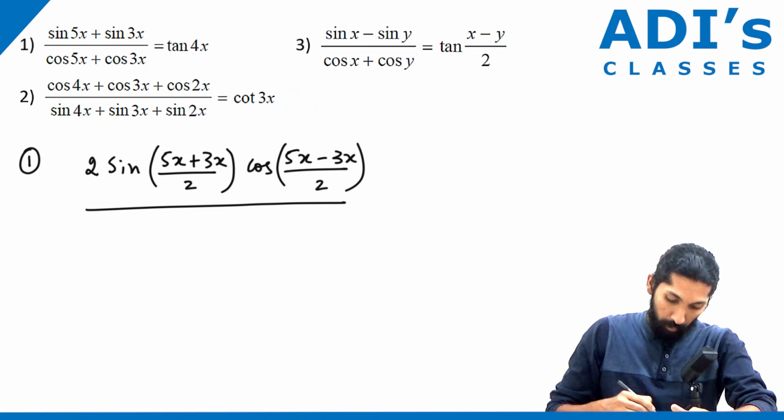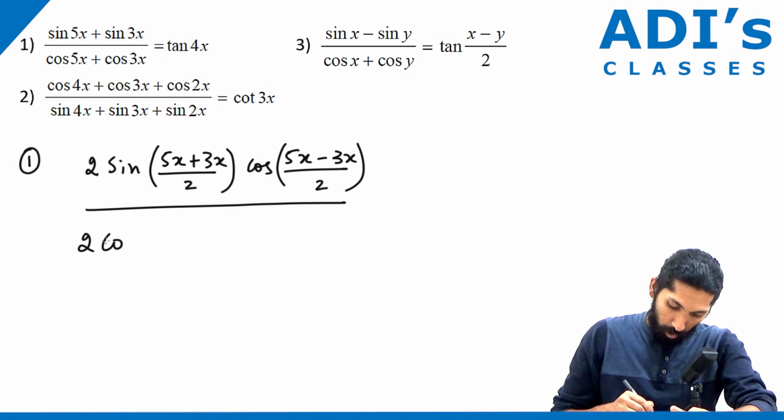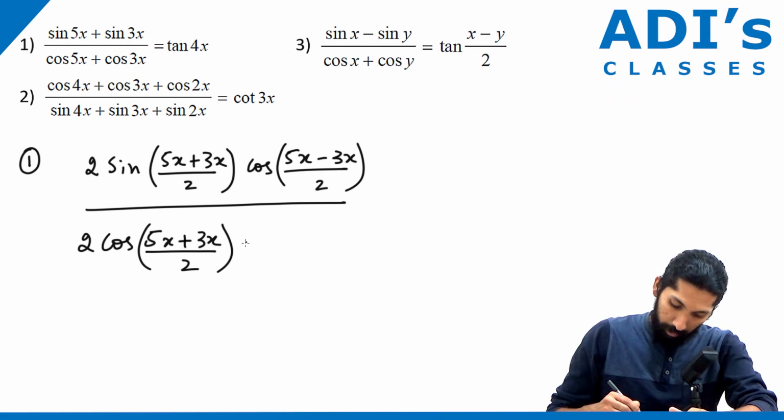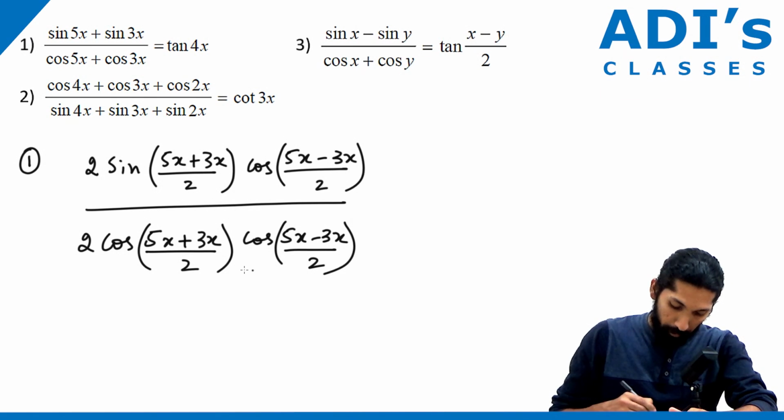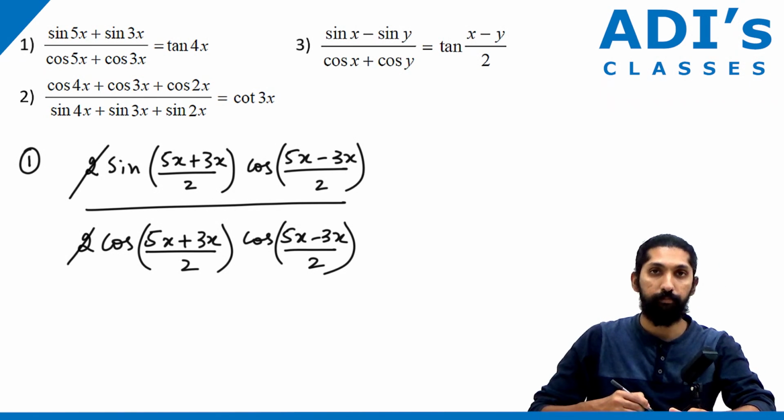Correct? So you will have 2 cos 5x plus 3x divided by 2 into cos 5x minus 3x by 2. 2 and 2 cancels out.